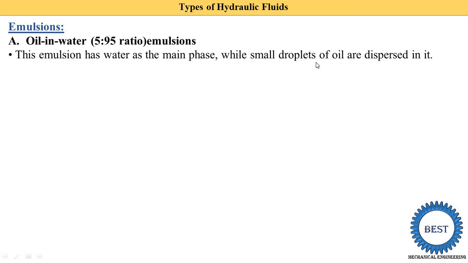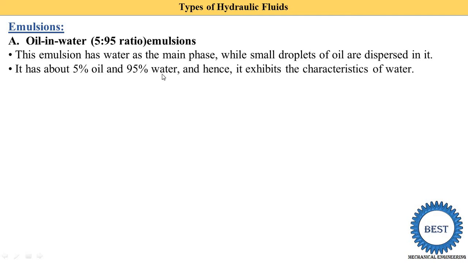Dispersed means distributed in water. It has about 5% oil, 95% water, and hence it exhibits the characteristics of water. So the majority is water, so we consider its hydraulic fluid characteristics as those of water.